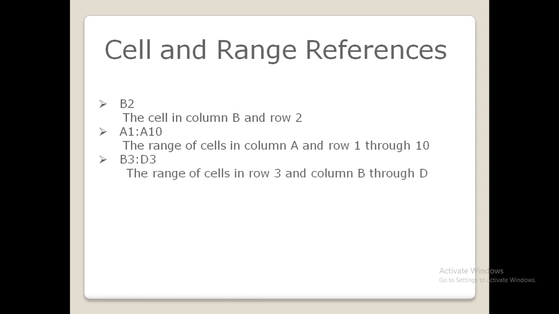Or it can be B3 colon D3. B and D are the columns and 3 means the row. So it is the range of cells in row 3 and columns from B to D. In this manner we can use cell and range references in Microsoft Excel.